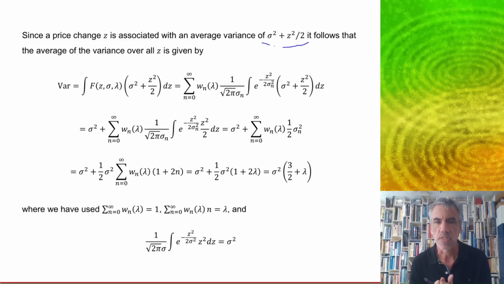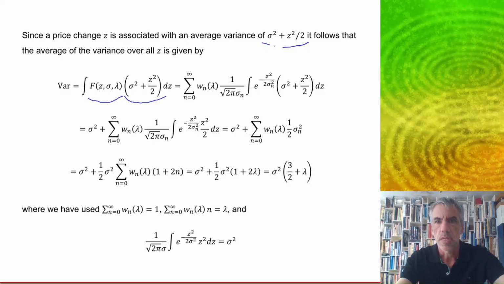Okay, so to see that, we assume Q-variance, we assume that the average variance varies in this way as a function of z, and then we compute the variance over the entire distribution. That is the variance as a function of z, and this is the probability density as a function of z, but now we're leaving lambda as an open parameter.